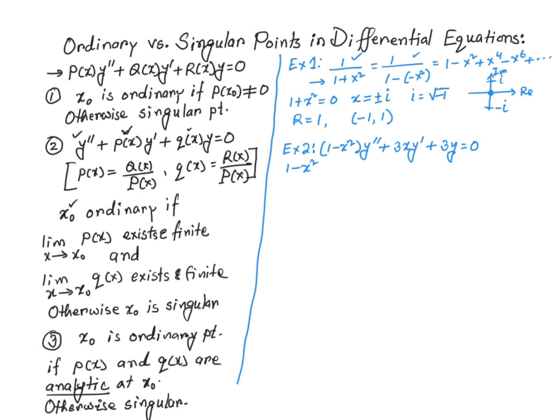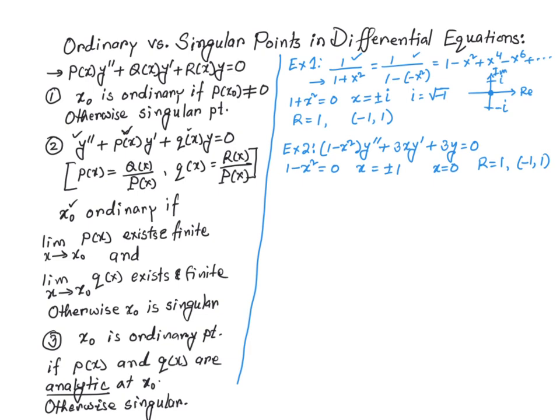So for what values of x would make this a 0? Obviously, x is equal to plus or minus 1. So my radius of convergence is 1, given that I am expanding the power series around x equal to 0. So radius of convergence 1, and the interval goes from negative 1 to 1.